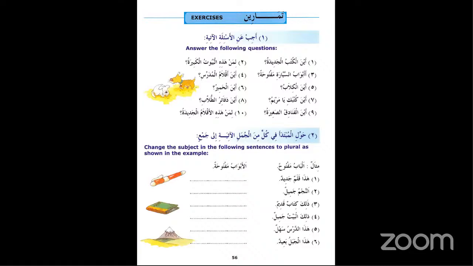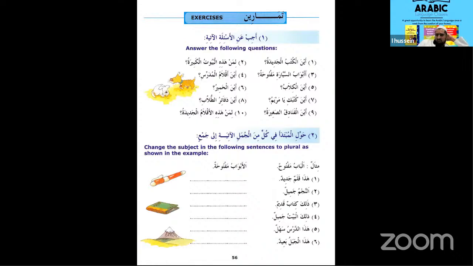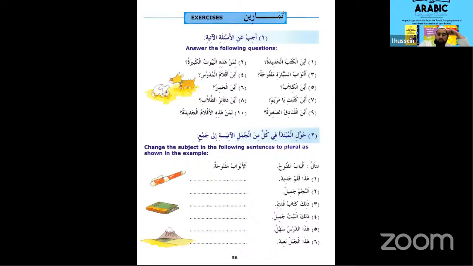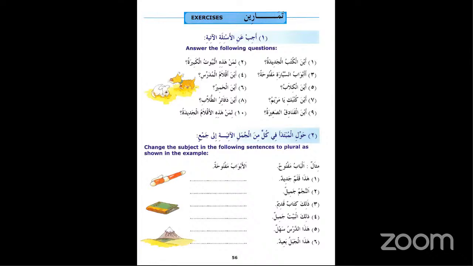أبواب السيارة مفتوحة. Correct. And the doors of the car, are the doors of the car open? Correct. الأبواب السيارة مغلقة. The doors of the car are closed. Is it right? مفتوحة.